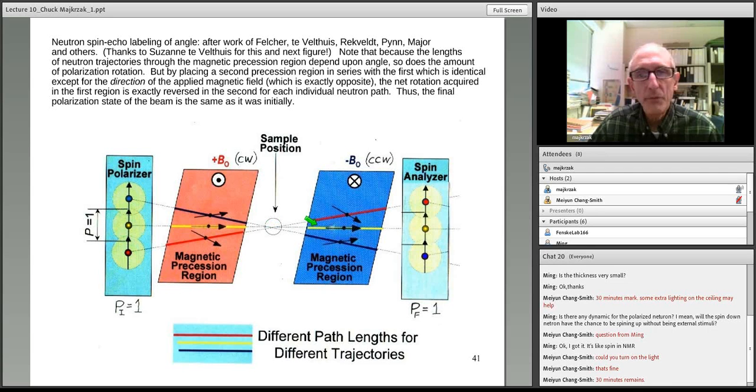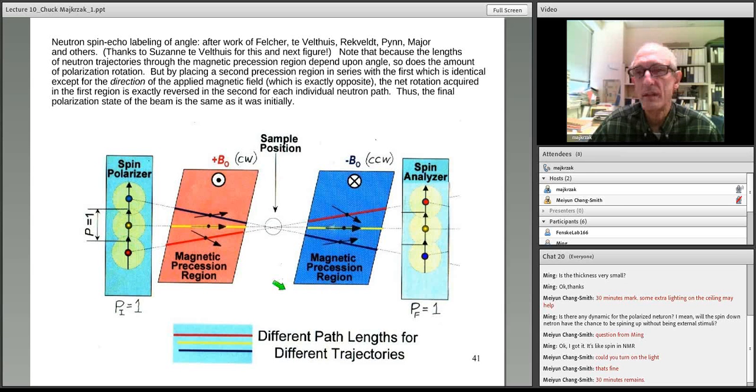If they come to an identical precession region, identical in size and shape, but the difference is that the magnetic field is applied in exactly the opposite direction to the first field, then those neutron polarizations that are now out of alignment will rotate back the same amount but in the opposite direction. So at the end of the day, when it comes back out, all of those spins will be perfectly lined up again.